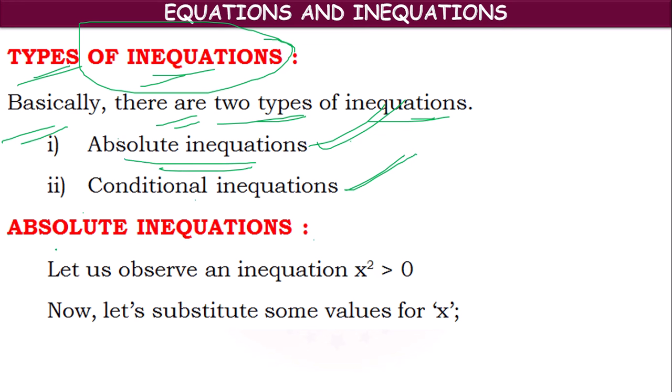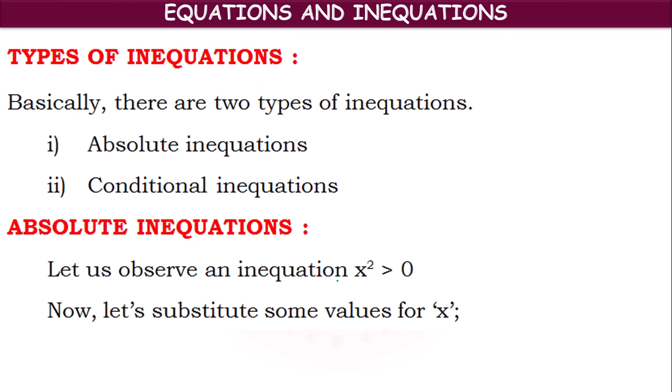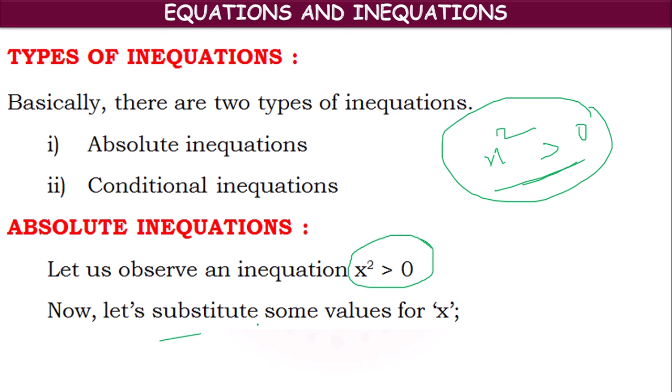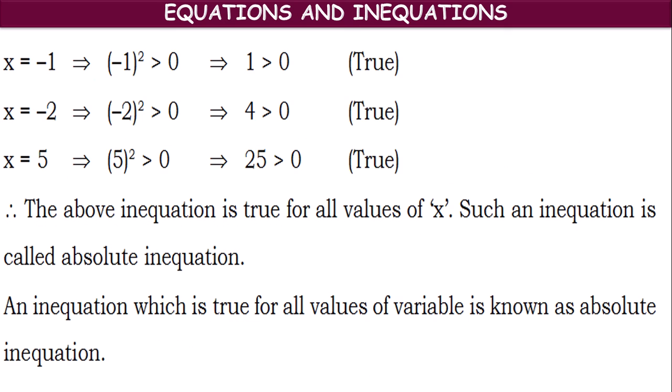Absolute inequations. If you observe this inequation, x square greater than 0, and you substitute some values of x, like minus 1 whole square, 1 is greater than 0, true.